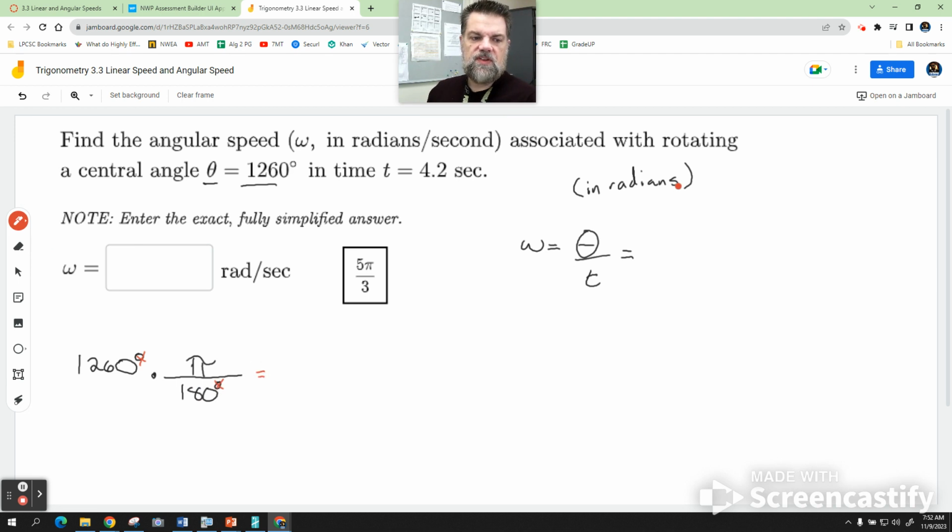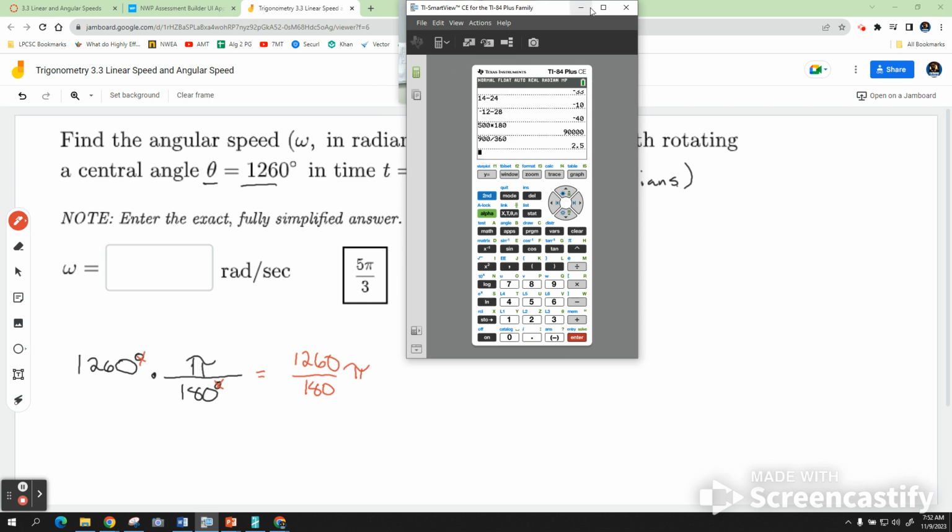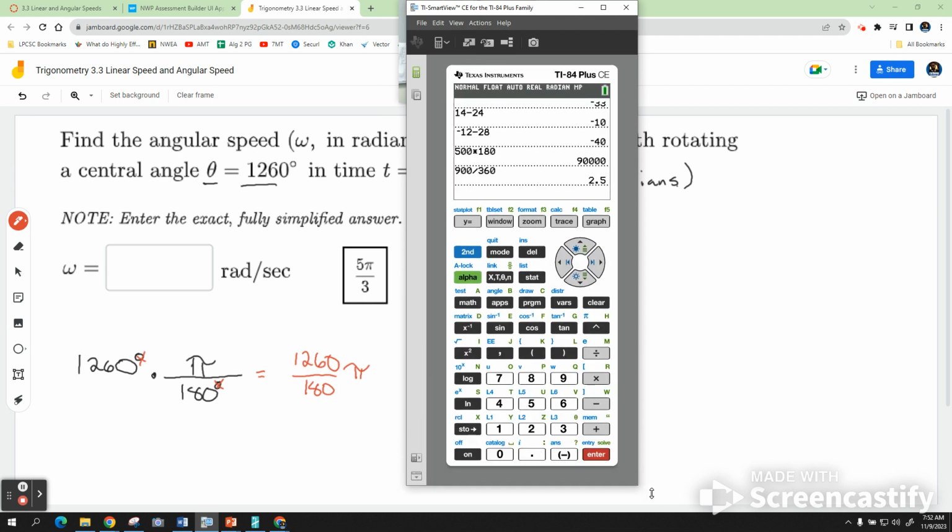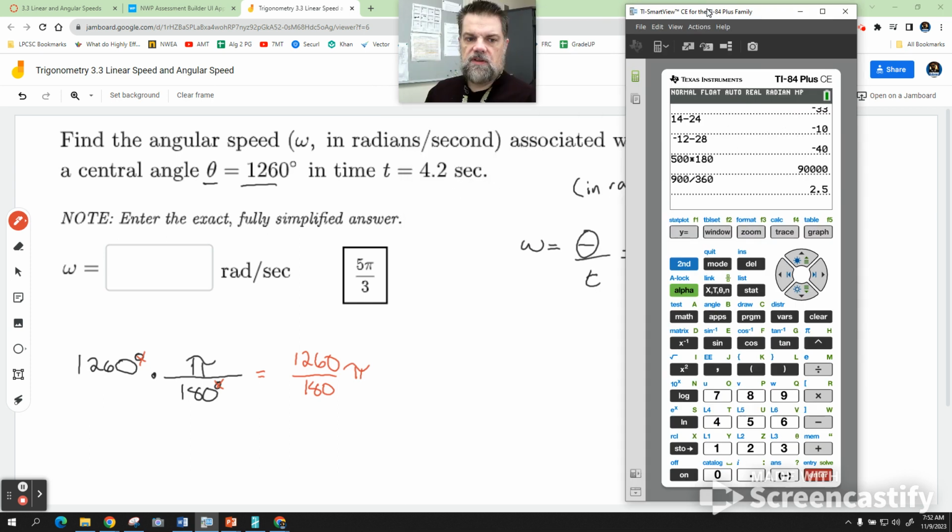So this whole thing becomes 1260 over 180 times pi. Now I'm not quite sure if 1260 can be divided evenly by 180 or not. So let's try it. We'll say 1260 divided by 180.